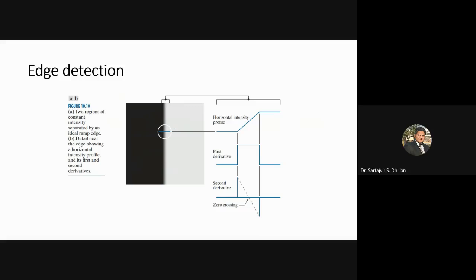And with this, if we see a zoomed version of this particular circle, it is viewed as a horizontal intensity profile. Once we take the first derivative, it is represented as this. And when we take the second derivative, as we know, first it increases.